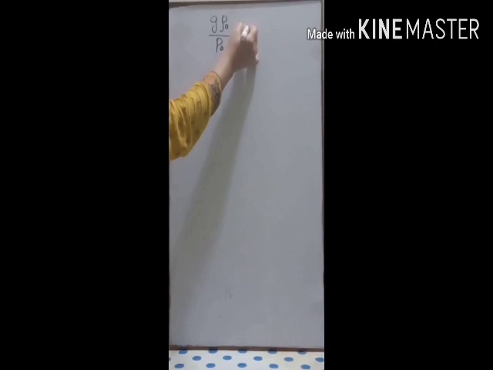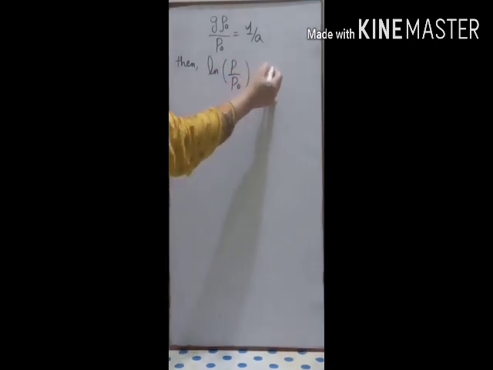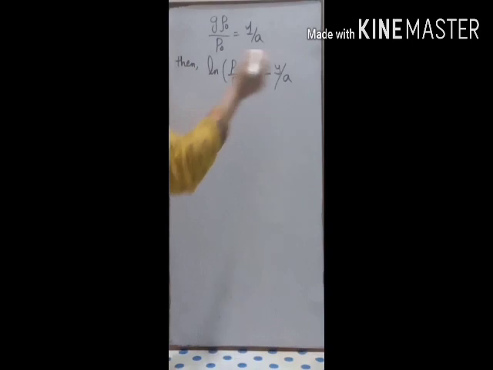Use G rho naught over P naught is equal to 1 over A, then log of P over P naught is equal to minus Y over A.